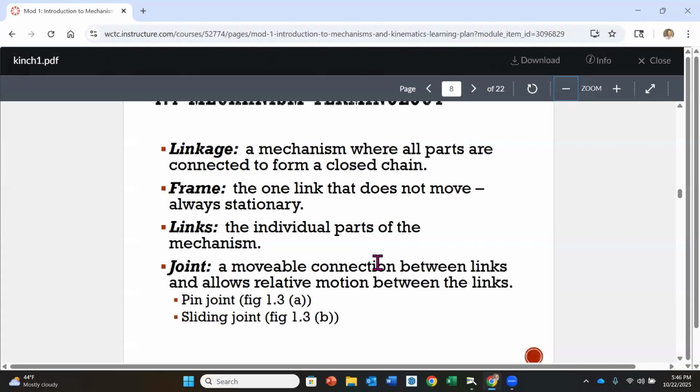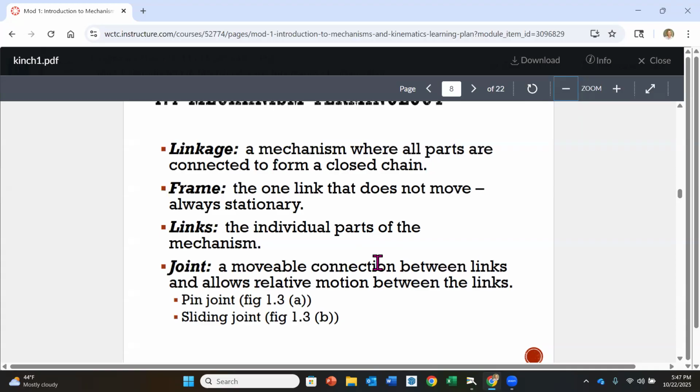So there's the frame. It's going to be the one link that does not move and is always stationary. Then the other links in this mechanism are going to be the individual rigid links that make up the mechanism to do the work that we want it to do. And then there's going to be joints. A joint is going to be a movable connection between two links and allows relative motion between those links.